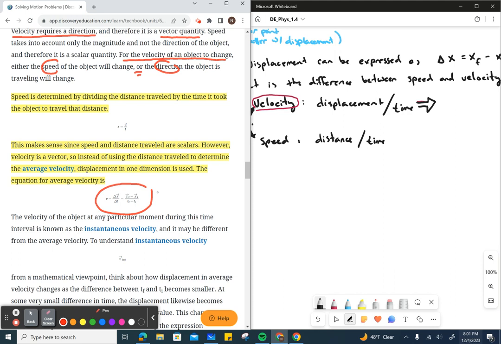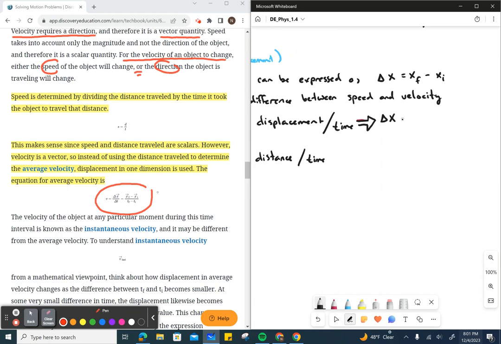Okay, so instead of saying distance over time, we're saying the change in your position. Okay, remember the change in position, that was going to be over a change in time.